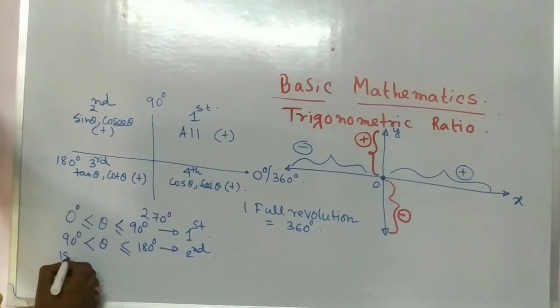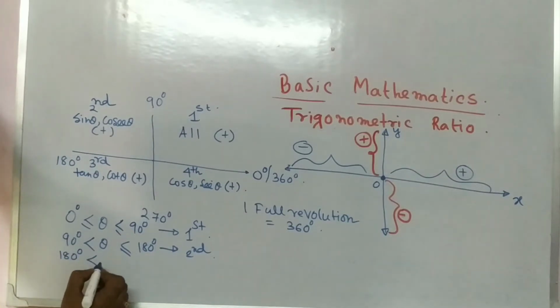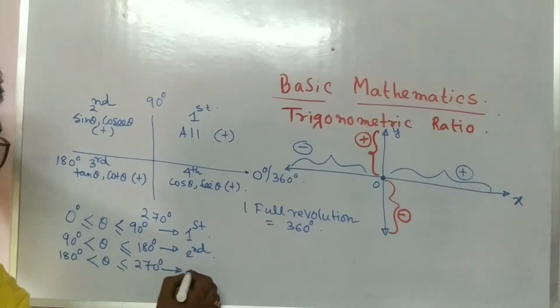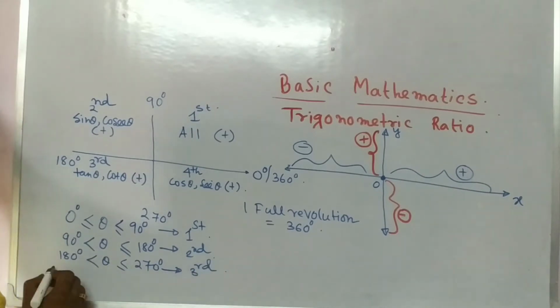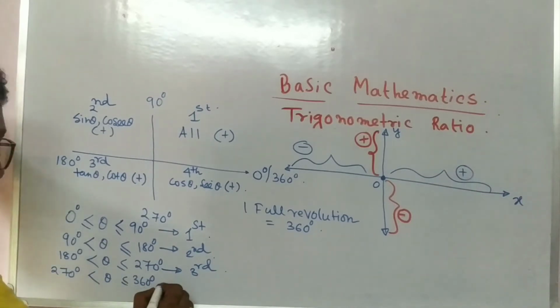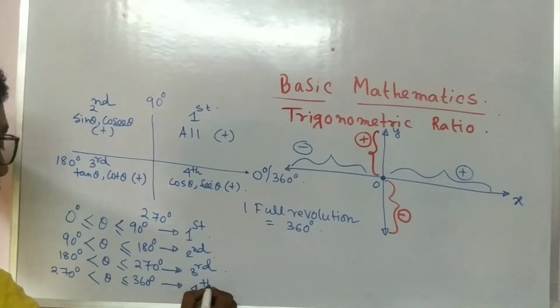If theta is greater than 180 but less than or equal to 270 degree, that is called third quadrant. And what is fourth quadrant? If theta is greater than 270 degree and in between 360 degree, that is called fourth quadrant.